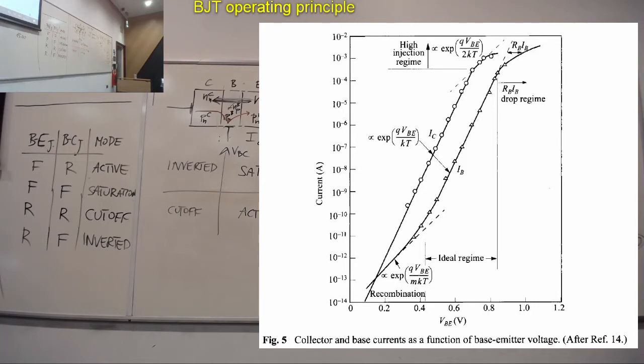From this graph, we can see how when VBE is turning on the PN junction BE, around 0.6, between 0.4 and 0.8, you see that IB and IC are perfectly proportional, parallel to each other, and the proportionality factor is this beta that we discussed previously, which depends on the transistor, around 100, we said.